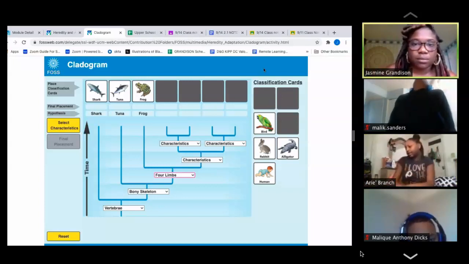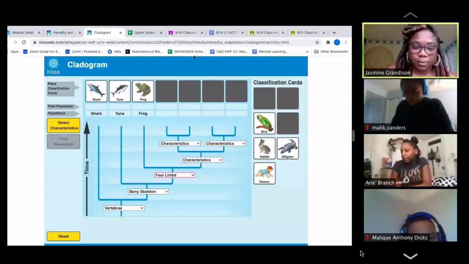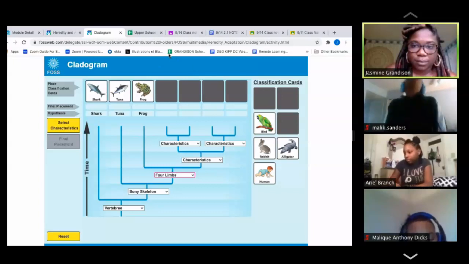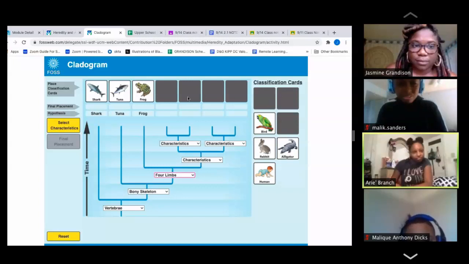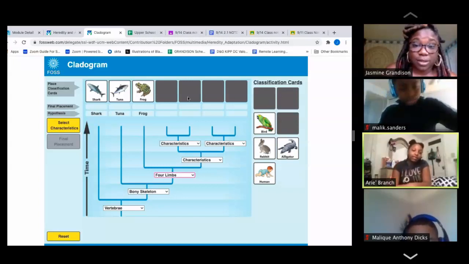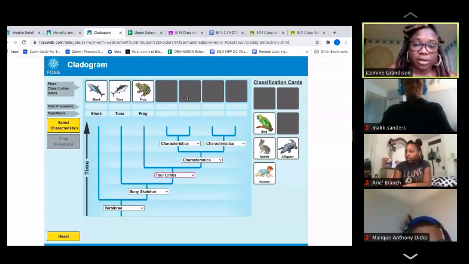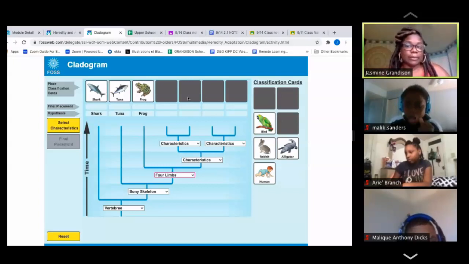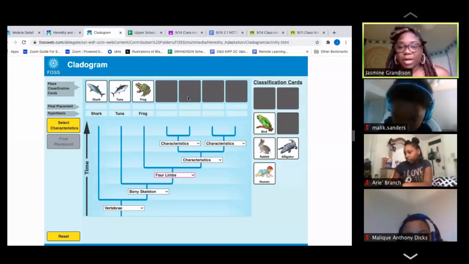I said it because it means that... Did you look at the character traits, the characteristics, and think about what was next? I mean, you are right. For the next character trait, it is the amniotic egg.